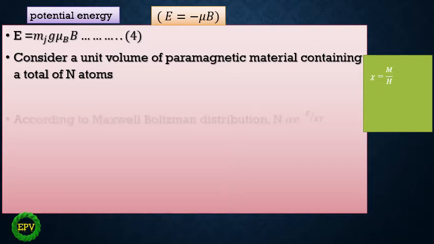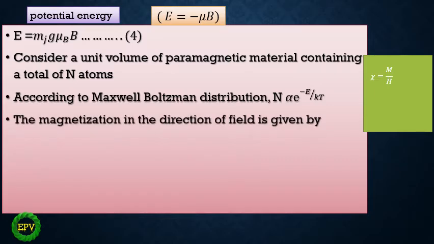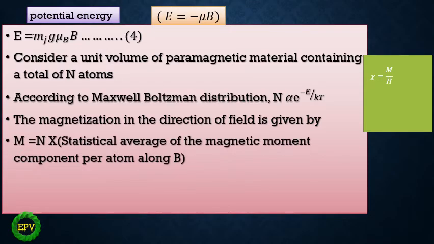According to the Maxwell-Boltzmann distribution, the number of atoms N is directly proportional to e raised to minus E by kT. The magnetization in the direction of the field is given by M equal to N into the statistical average of the magnetic moment component per atom along B.